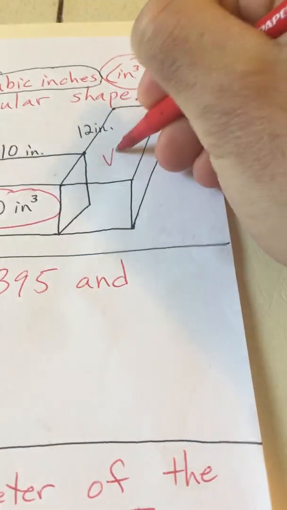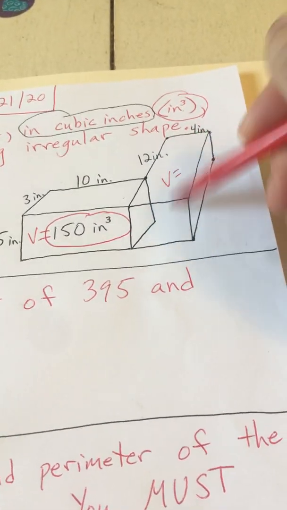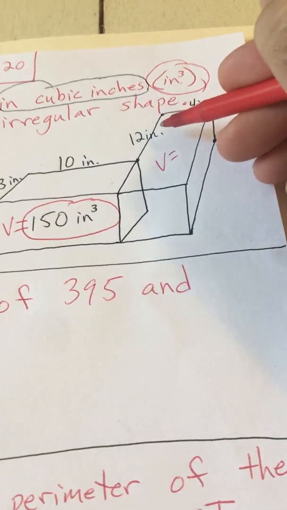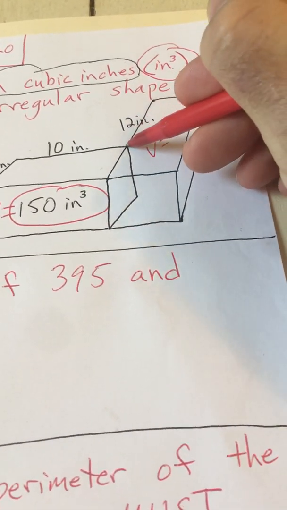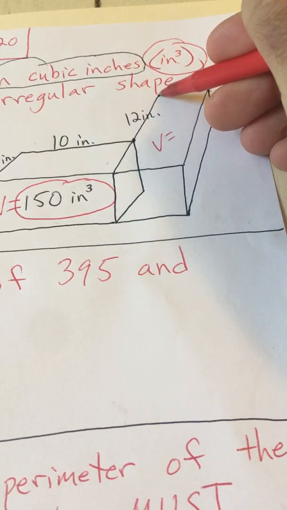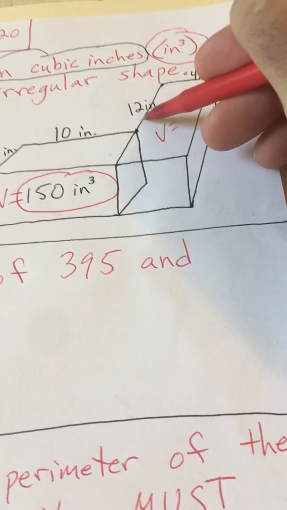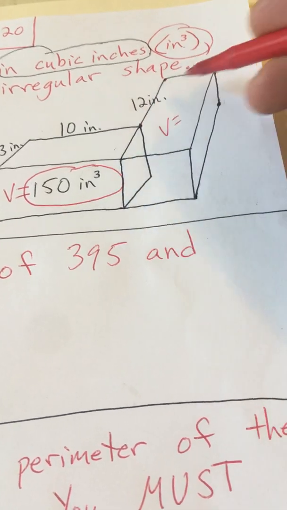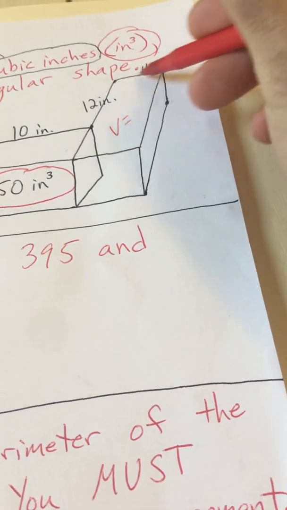So they already gave us the volume of this section right there. Now we've got to find the volume of this rectangular prism over here. And this is where it gets tricky. Okay, so watch carefully. This is telling us that from here to here is 12 inches. It's not telling us that the whole thing is 12. It's showing us that this section is 12. And this dimension this way is 4.